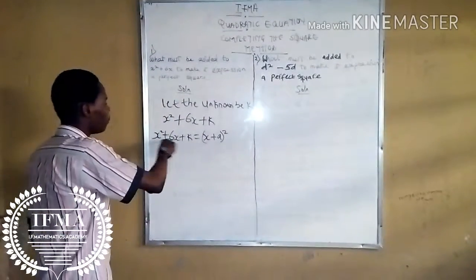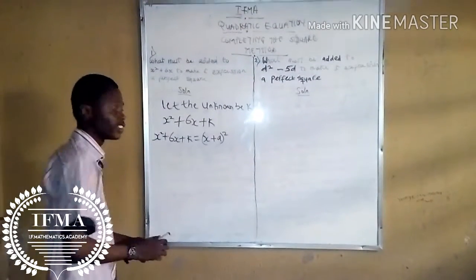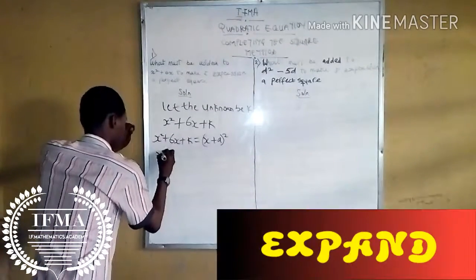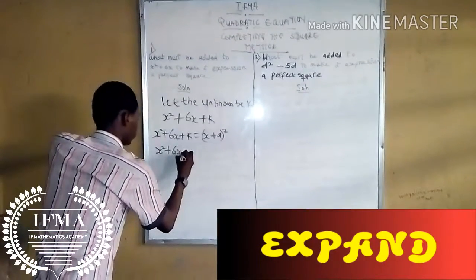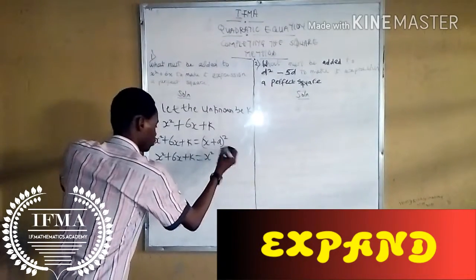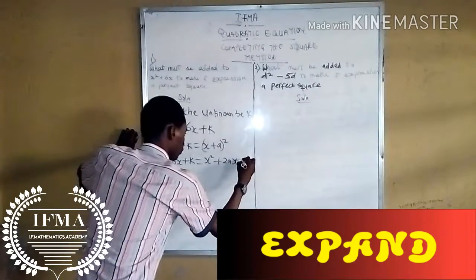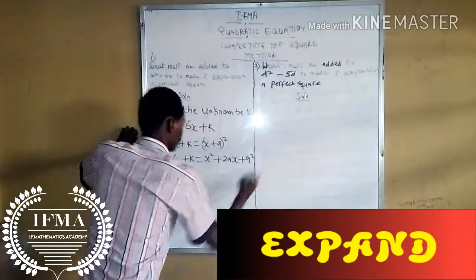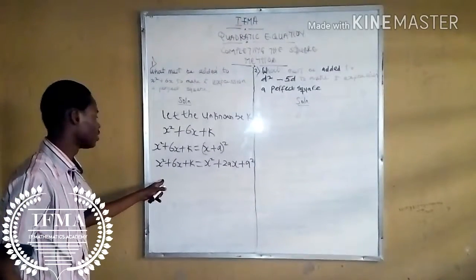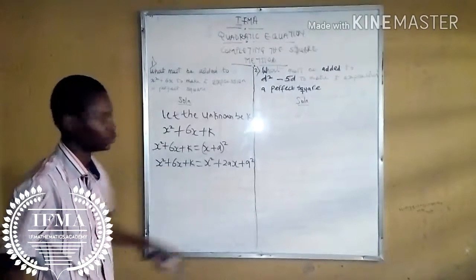Now this means, suppose this equation is equal to x plus a, all squared. Then this becomes, after expansion, this is what you should get if you do it on your own.